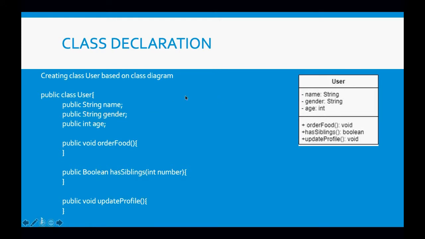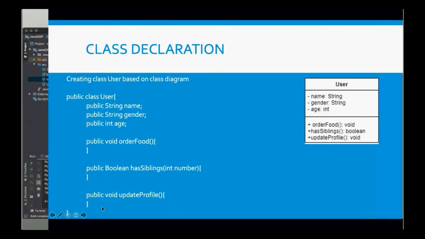So I have my name, which is a string, and I'll just declare it public string name, public string gender, public integer age, and then I'll define my methods, which is public void order food, public boolean has siblings. I actually changed this to put in one parameter, and public void update profile.